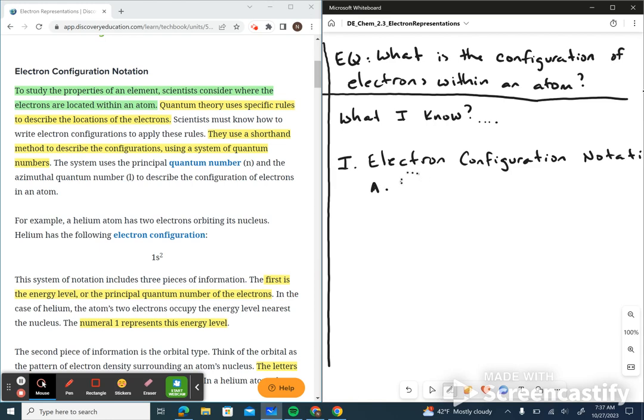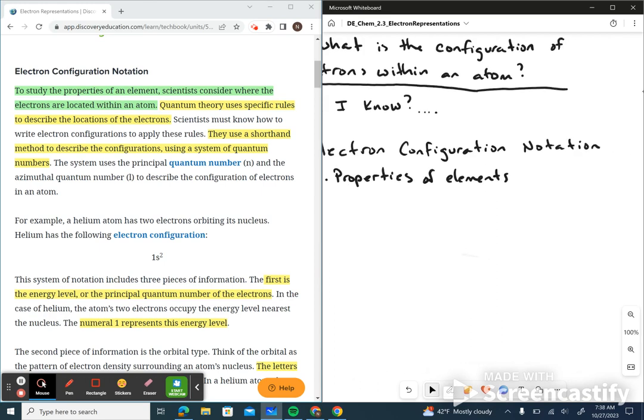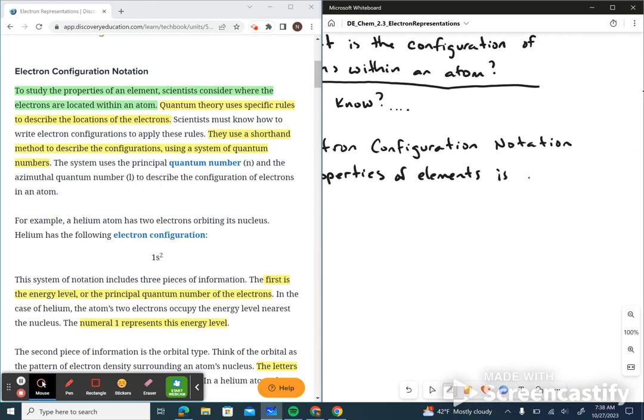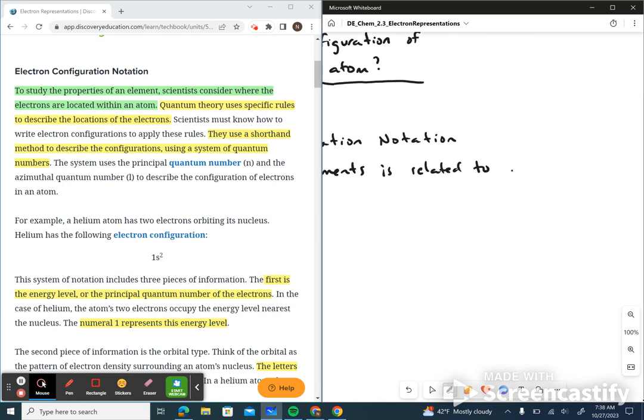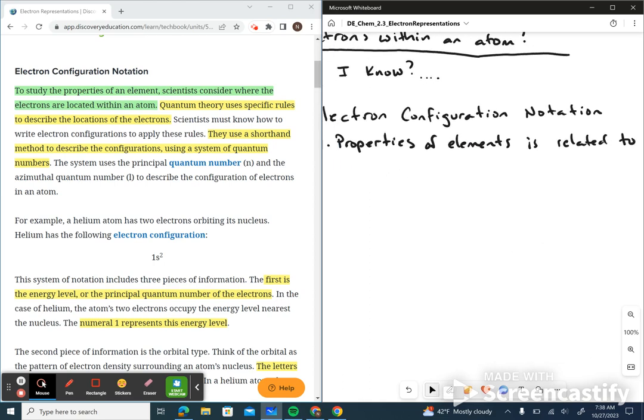The properties of elements is related to the location of electrons and their distribution. Okay.